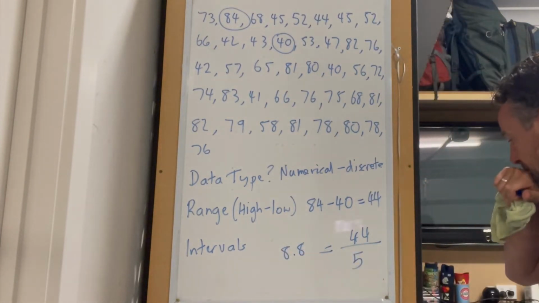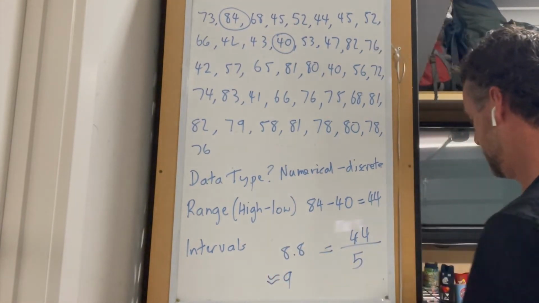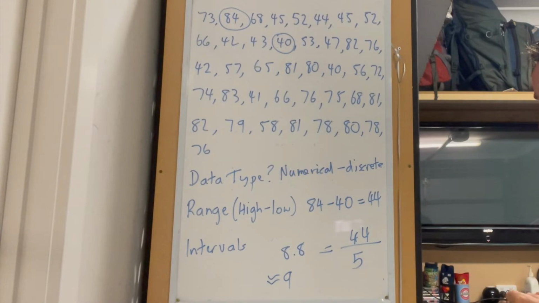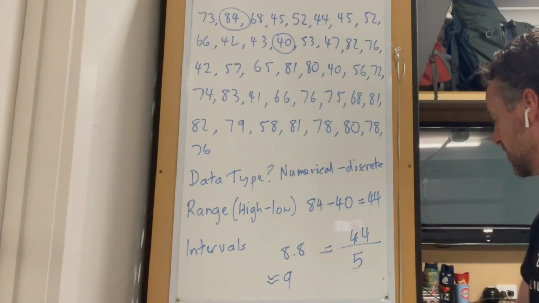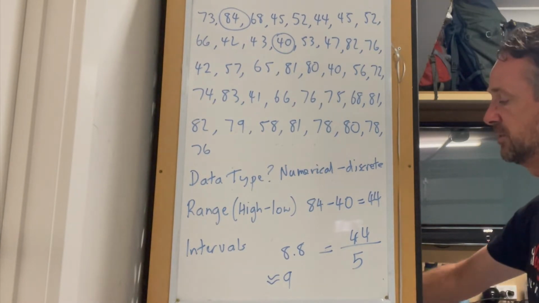So we can round that off to about 9, so that we'll end up with an interval size of 5. 5 nines are 45, and we will have 9 groups. So let's set that up on our frequency table now.